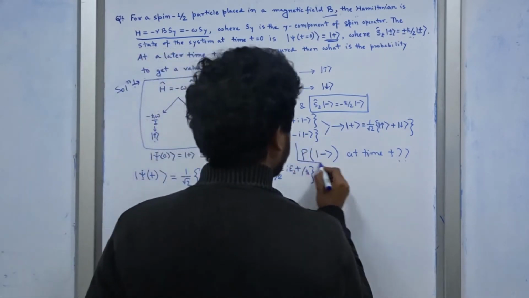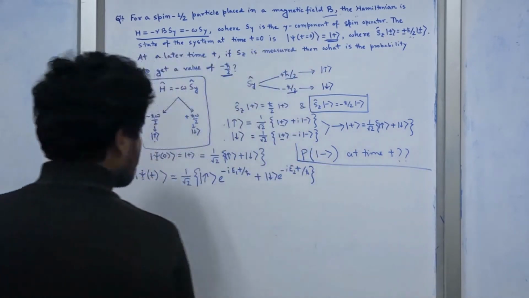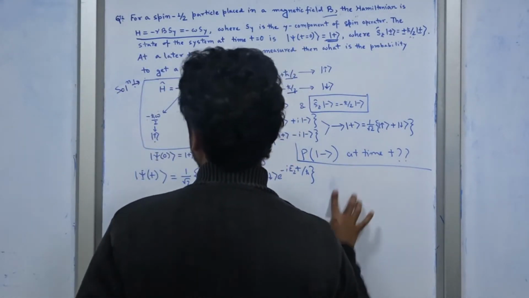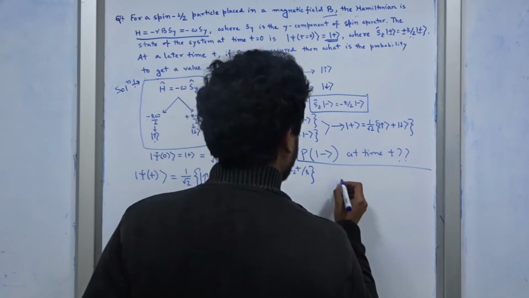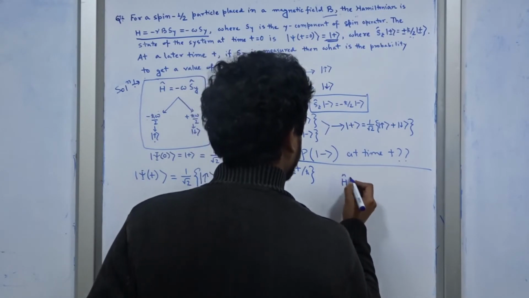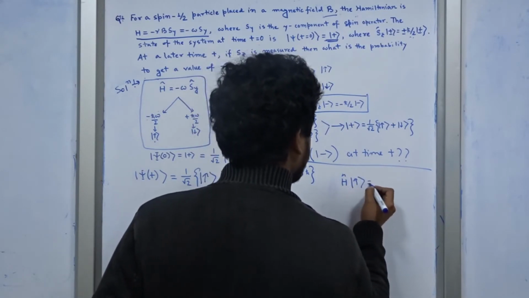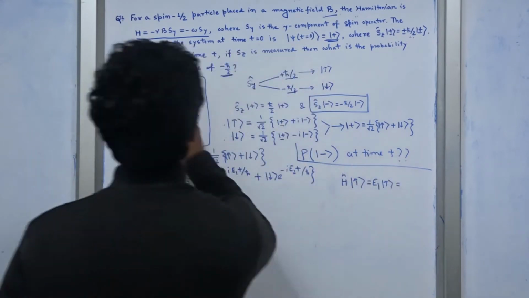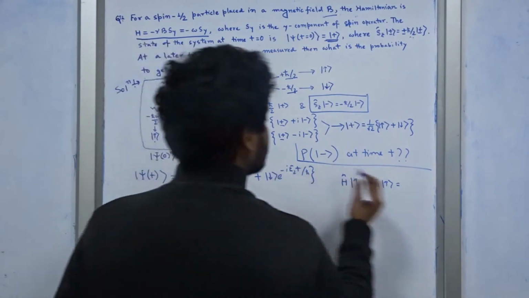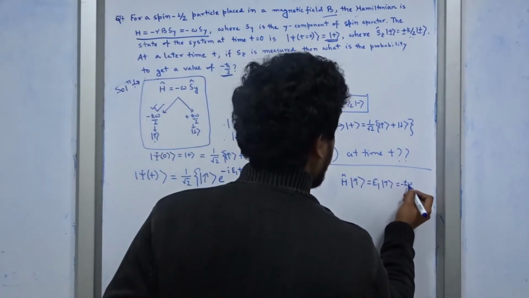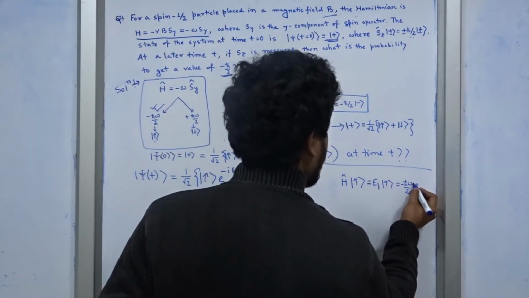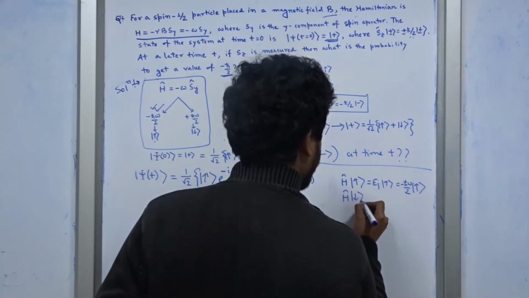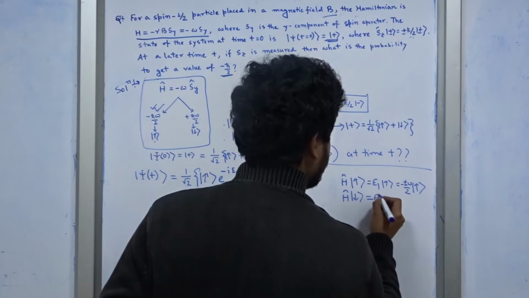So this is my question. Here I am just writing what E1 is. If H acts on up, it gives E1 times up, so E1 is this. Similarly E2.